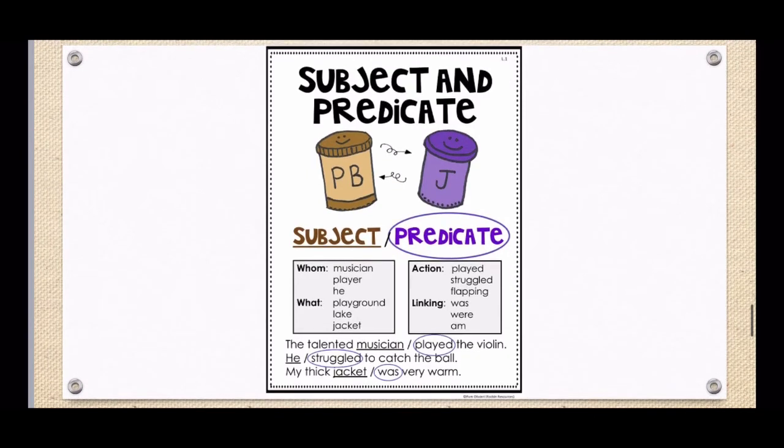Okay, so here we have some examples, right? So it says a subject. Let's do the first one. Says a musician, and the predicate, which is the action, played, right? So the talented musician played the violin, right? So it shows you that the subject is underlined, which we know is musician. That's who is the musician. And the predicate is circled, which tells us played, which is the action, right?